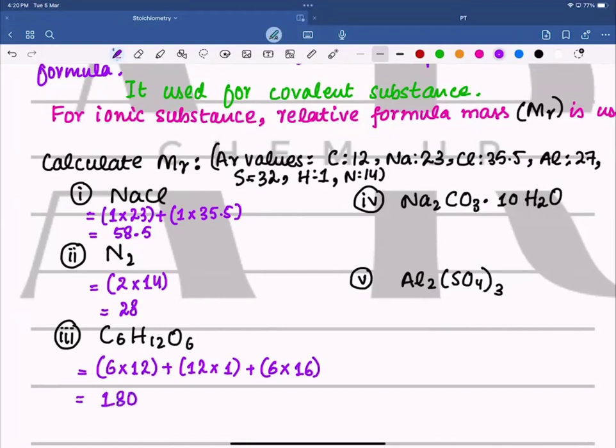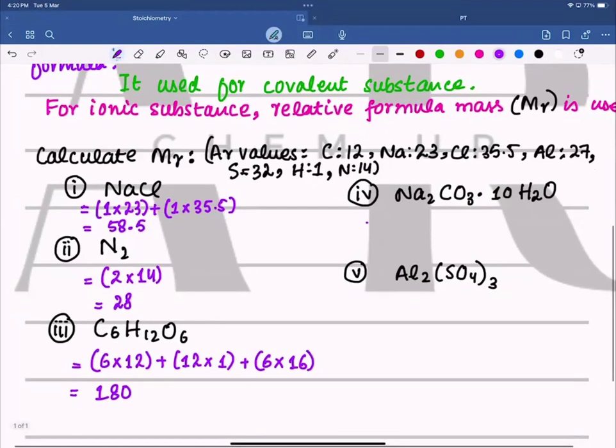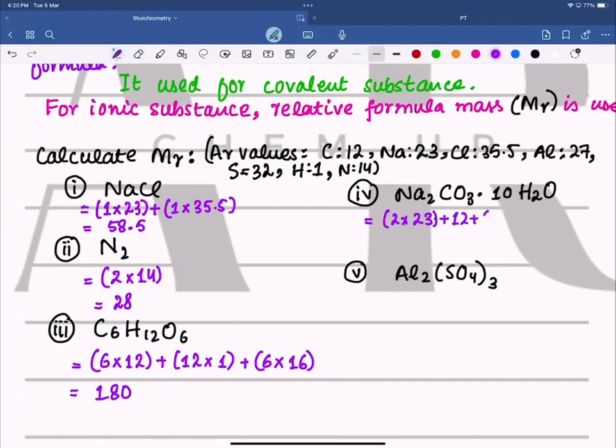Here, there are 2 sodiums. So 2 times 23 plus 1 carbon. So I just write 12. It's not necessary to write the 1, right? So 3 times 16.